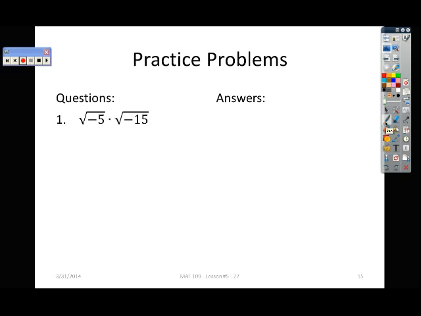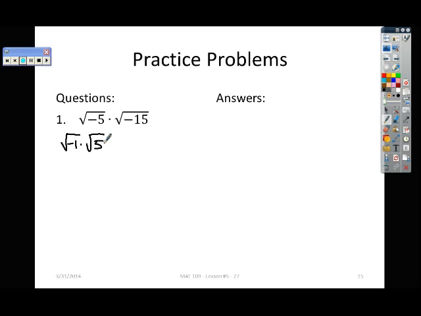And if you remember, this can be broken into two pieces. This is the product rule for radicals. If you have two radicals with the same index, you can multiply them to get a single radical, or you can take a single radical and break it apart by its factors. So I broke this into the two factors, minus 1 and plus 5.